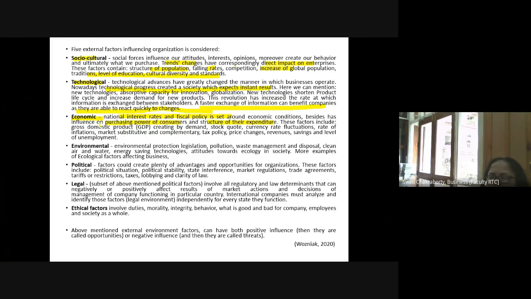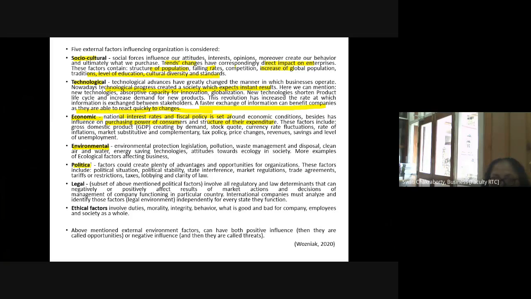Some of these economic factors are GDP, stock quotes, currency rate fluctuations, rate of inflation, market substitutive factors, complementary goods, tax policy, price changes, revenue, savings, and level of unemployment. E stands for environmental. Here we're talking of environmental protection laws, pollution, waste management, clean air, water, energy saving technologies, and attitudes towards ecology in society.